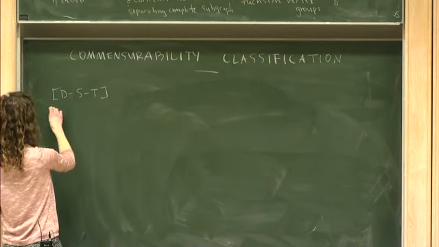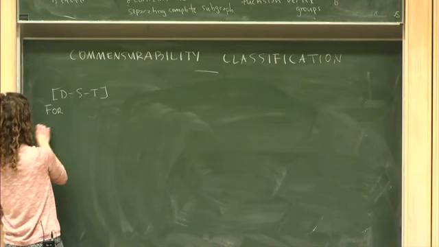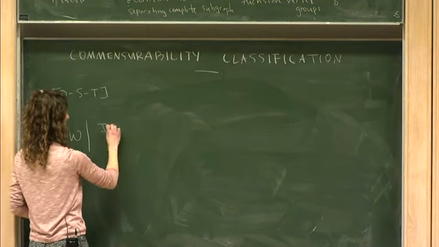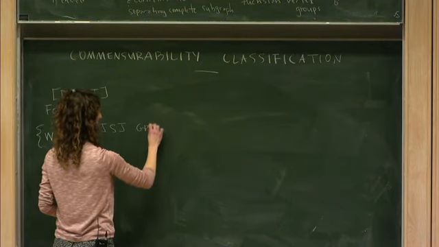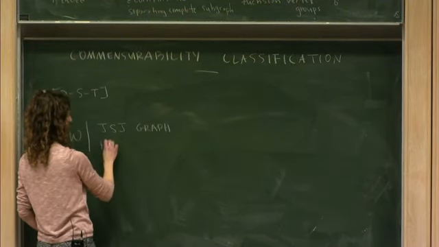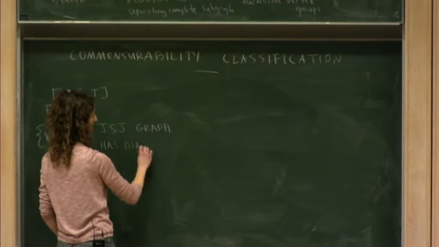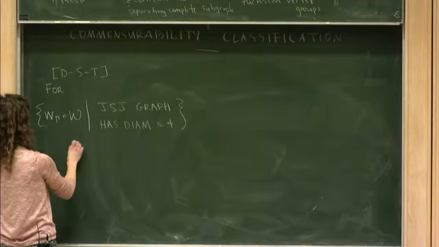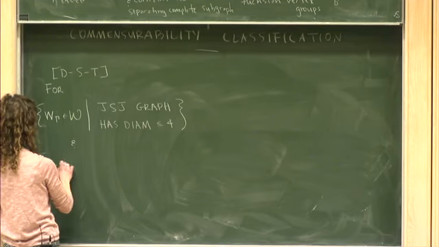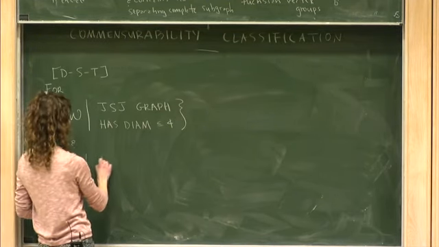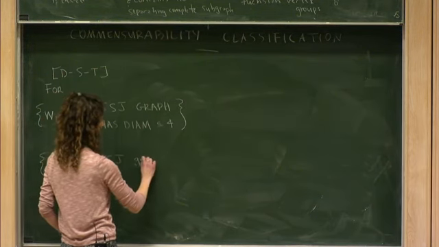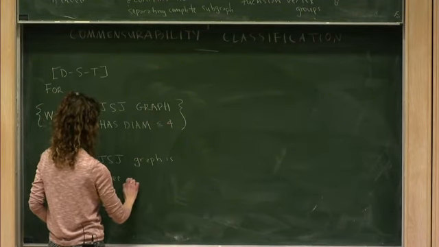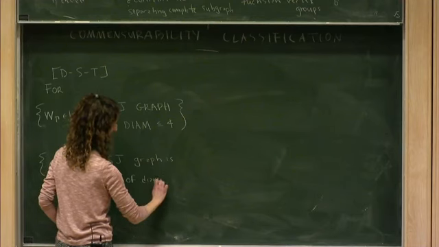We give a commensurability classification for the set of right-angled Coxeter groups in the class W whose JSJ graph has diameter less than or equal to 4. And similarly, the set of geometric amalgams of free groups whose JSJ graph is a tree of diameter less than or equal to 4.